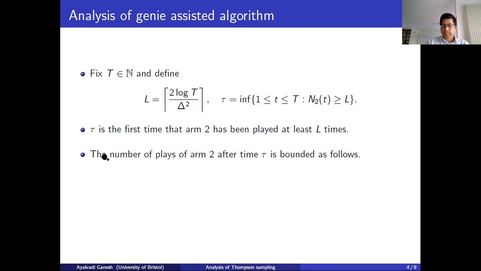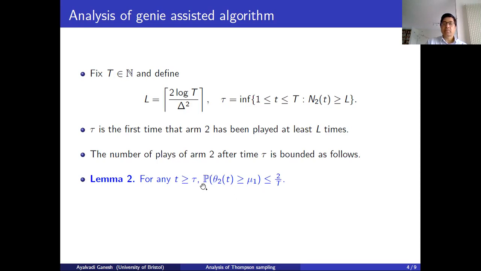Okay, and as we saw earlier, the regret is related to the number of times that the suboptimal arm 2 is played, the expected number of times. And we are going to bound this as follows. So we show that after time tau, for any time little t after this, the probability of playing this arm, and the event of playing this arm is that the posterior sample from the distribution for mu2 exceeds the known value of mu1, right?